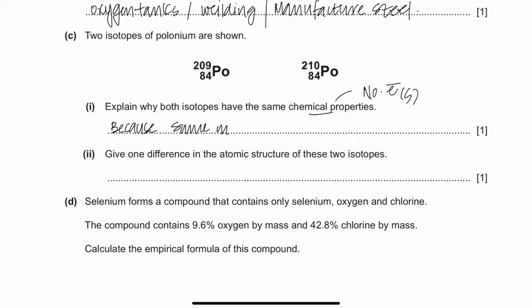In other words, you can write that it has the same electronic configuration, which literally means it has the same number of electrons, right? So the same electronic configuration will determine the chemical properties, and if they are same, the chemical properties will be the same.